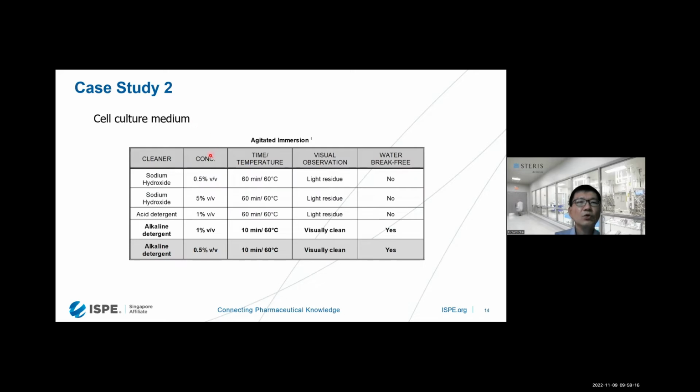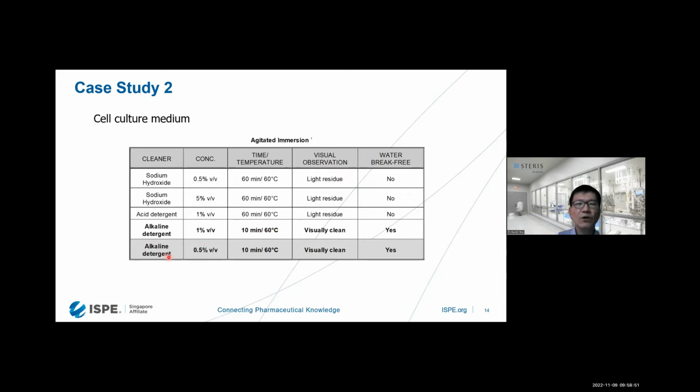And then case study number 2, this is a cell culture medium. A cell culture medium contains a lot of media as well as cell debris. Sodium hydroxide alone is not effective in the cleaning process. Acid detergent is not effective as well, with a light residue. If you use the alkaline formulated detergent, 1% is effective for the removal of this soil.